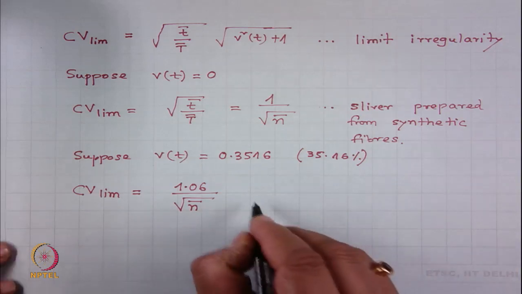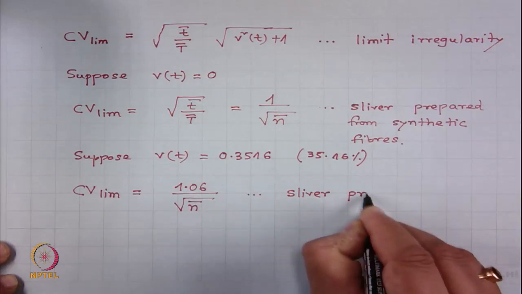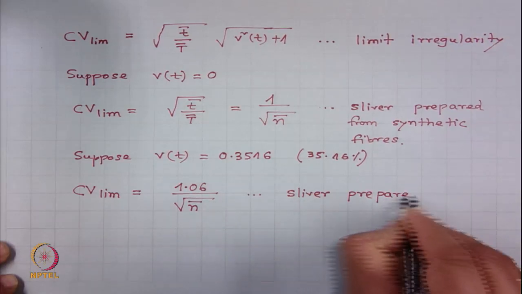Often said, this is the limit irregularity of sliver prepared from cotton fibers.